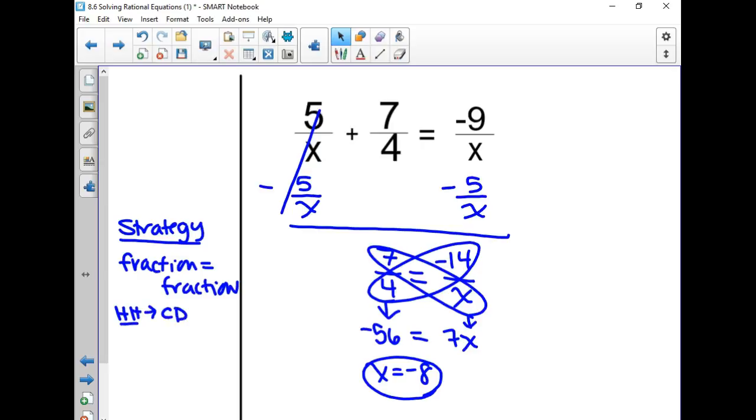It's not across the board, but there's a common denominator with two of them. HH, what does that stand for? It stands for helpful hints. All right, we're going to move on to the next one, unless there are questions.